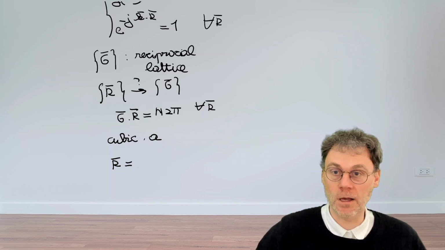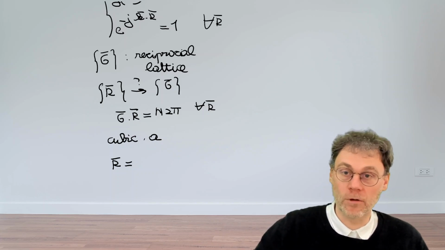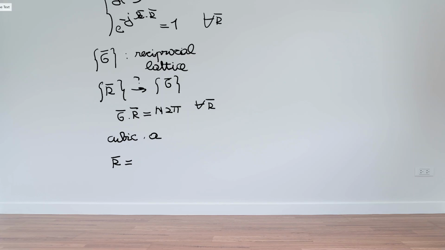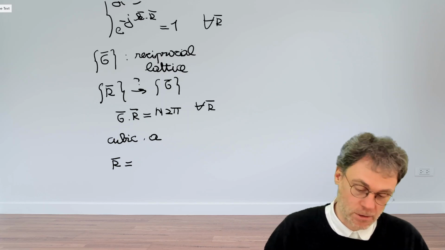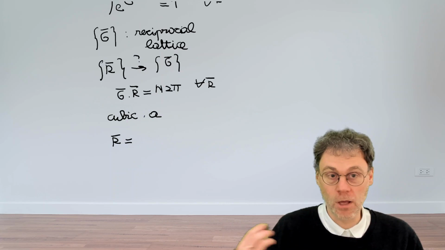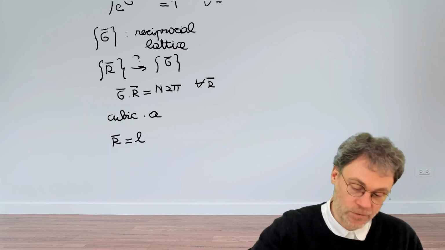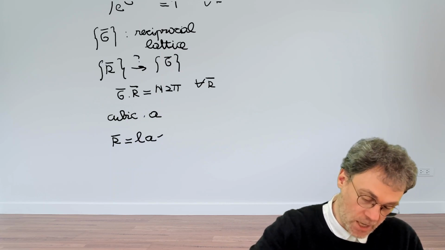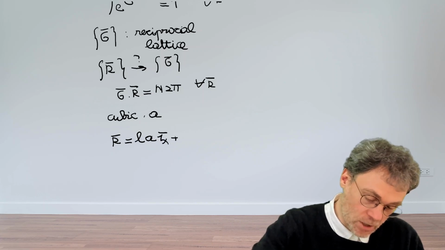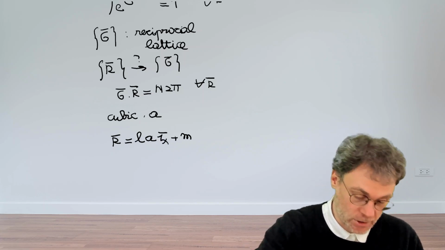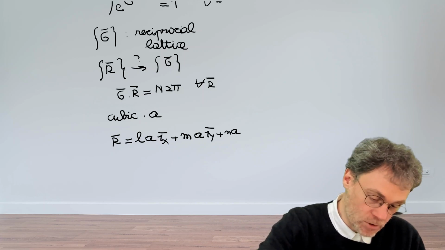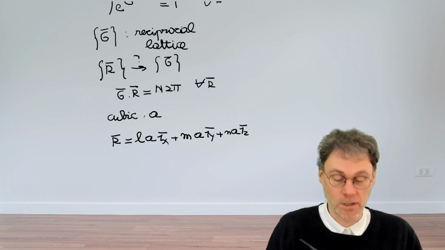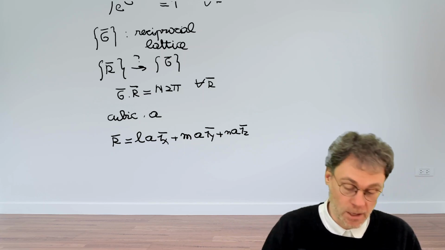So a very quick exercise to recap the concept of primitive lattice vectors. For this cubic lattice with periods A in all 3 dimensions, you can write down any lattice vector R as l times A unit vector in the x direction plus m times A unit vector in the y direction plus n times A unit vector in the z direction, where l, m, and n are integers.